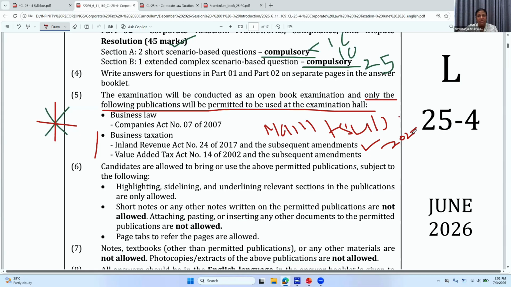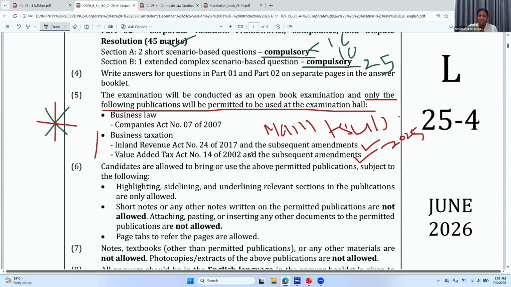That applies for you all for the 2025 amended act. Then it is very, very important to understand this open book referential materials. The second one is the Value Added Tax Act number 14 of 2002 and subsequent amendments.